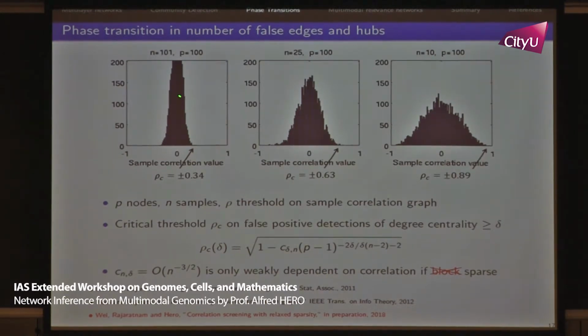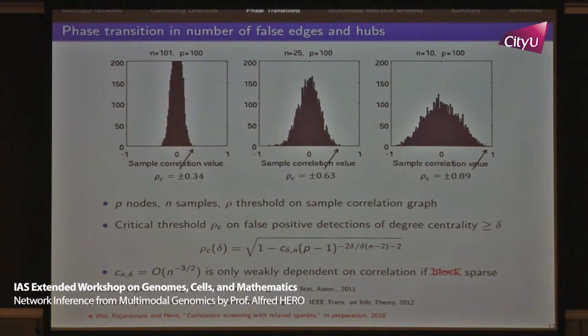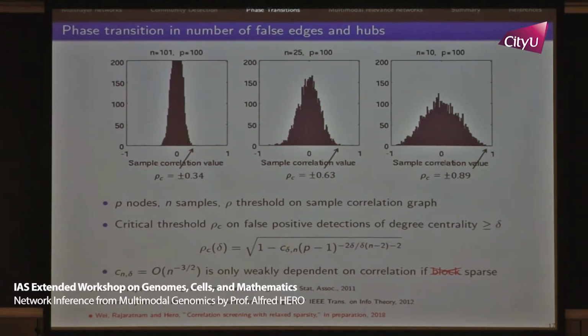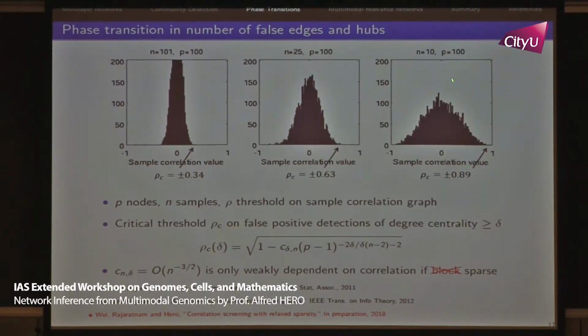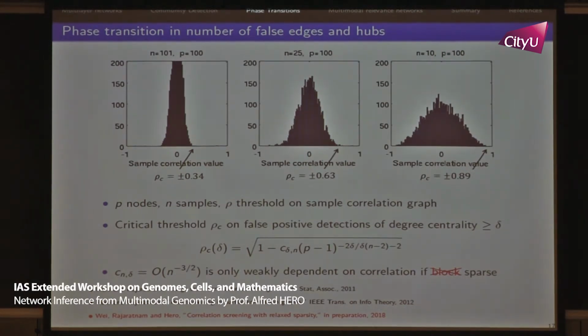This is an empirical result for a network that was constructed based on ground truth that had no edges, so we had basically independent variables, independent gene expression values over the replicates. This is a histogram of the number of false positives, and for almost any correlation threshold that you apply, you're going to be picking up false positives if you only have 10 samples for 100 variables.